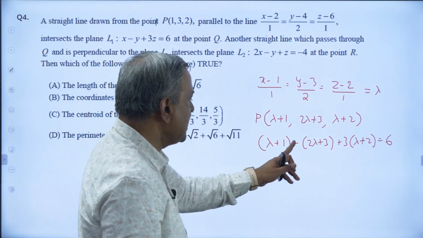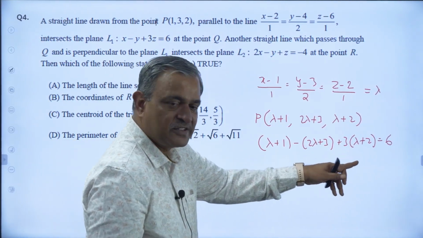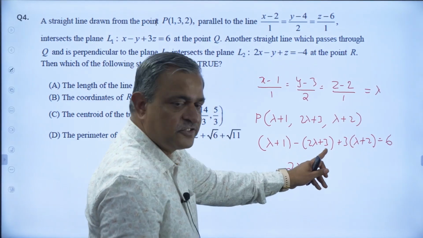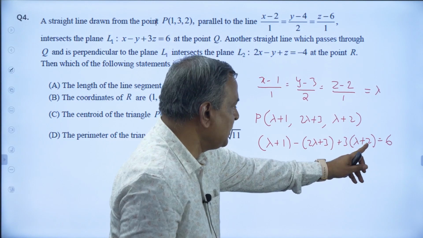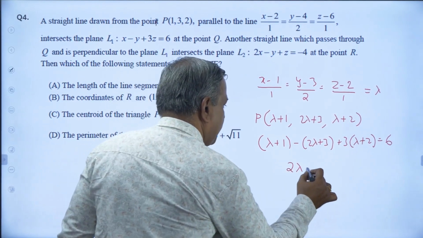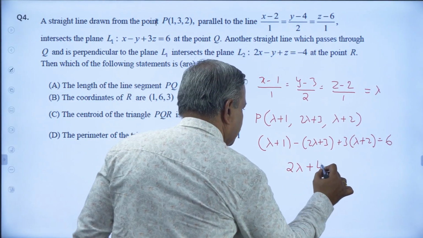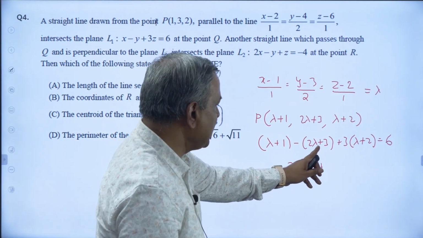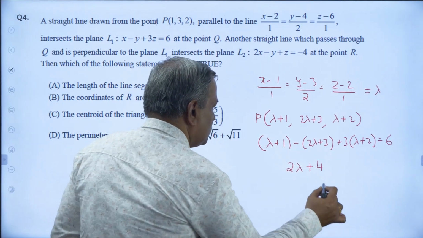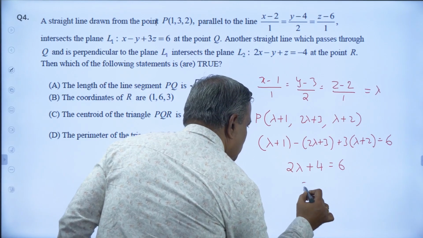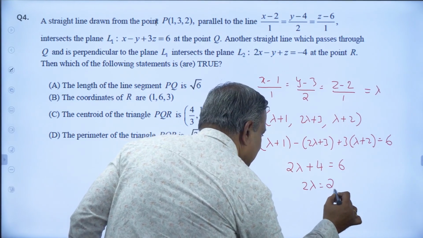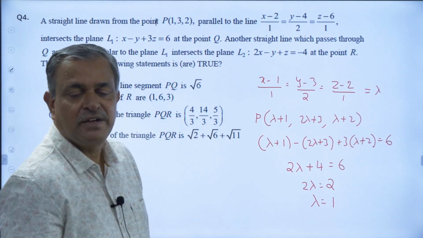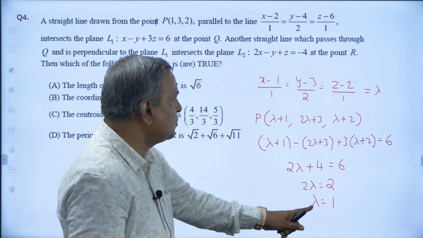So what we get, lambda minus 2 lambda is minus lambda, but 3 lambda will give you 2 lambda. 1 minus 3 plus 6 will give you how much? 4. This is 1 minus 3 will give minus 2, minus 4 is equal to 6. We get 2 lambda is equal to... see, they give it in such a way you can solve it, not fractions and irrational numbers. Lambda is equal to 1, we got it.